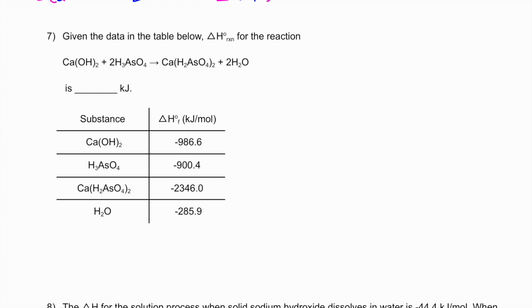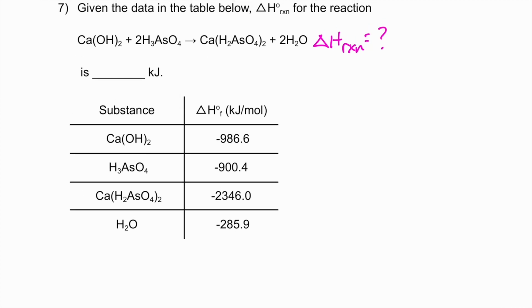Number 7. Given the data in the table below, change of H for the reaction is blank. So once more, before I even go on, it's asking for this of this reaction, and I'm asking for that. And then this time, they give me a bunch of formation equations.